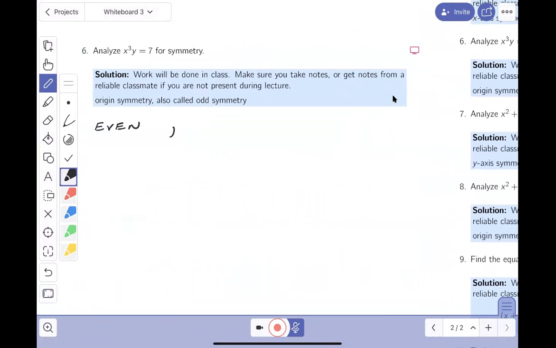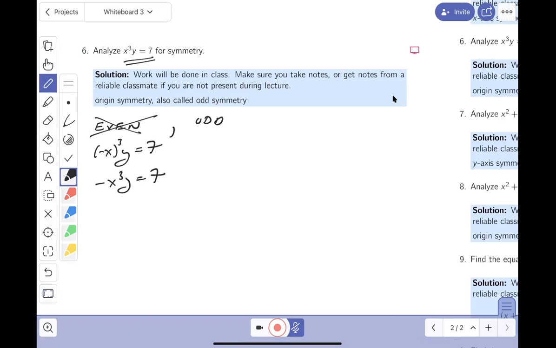Let's talk about even first. How do you do even? You're going to replace x by minus x and see if you get the same equation. What do you get there? Is that the same as this? No.